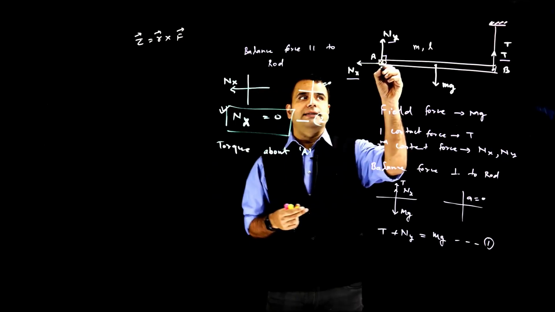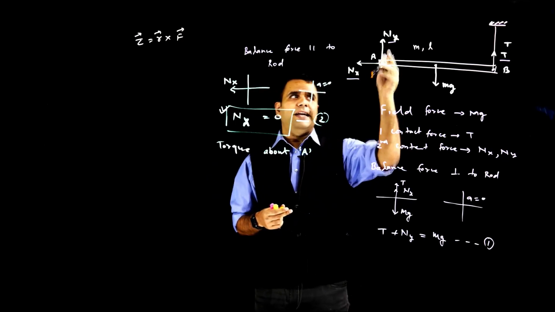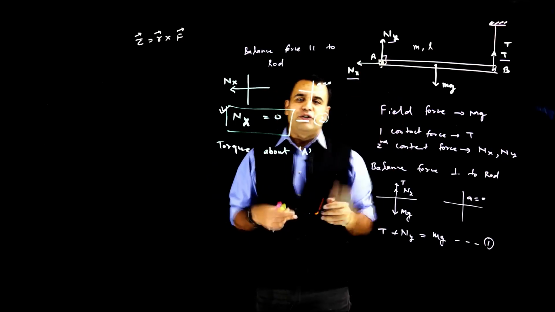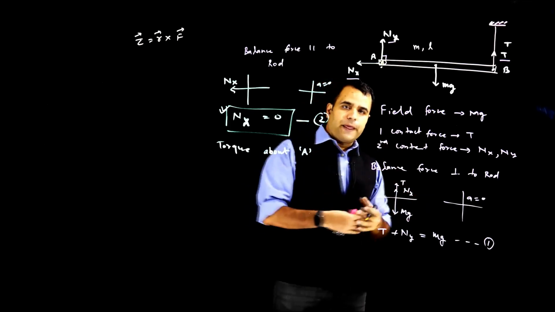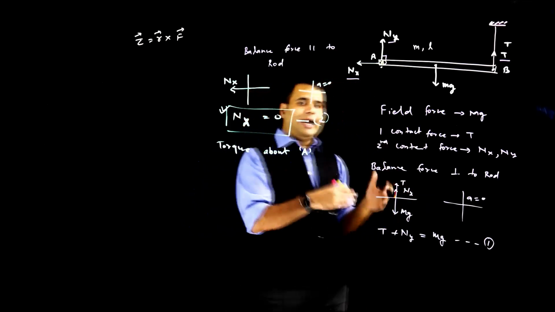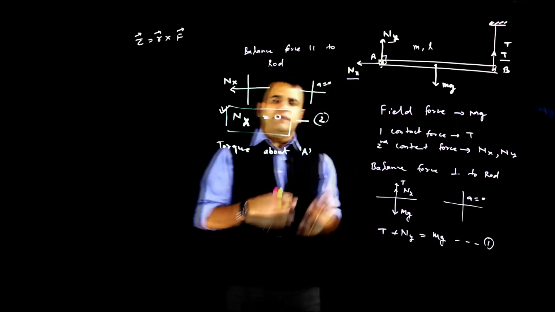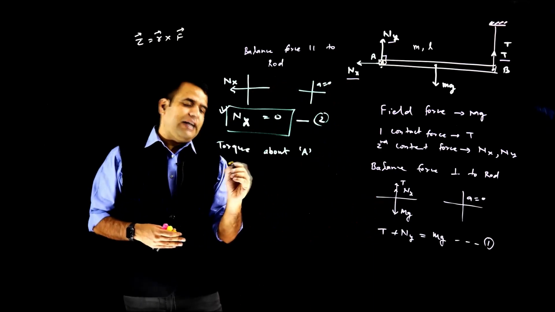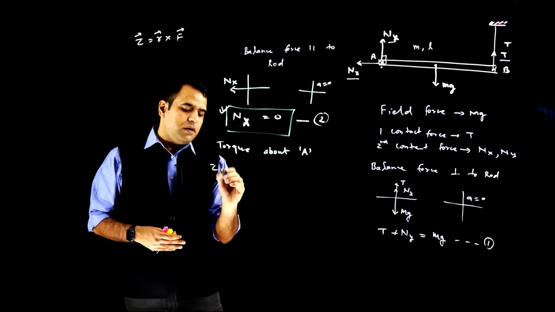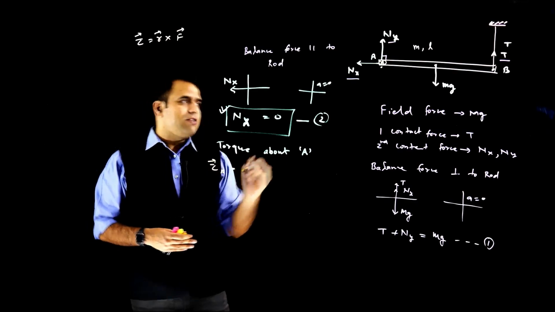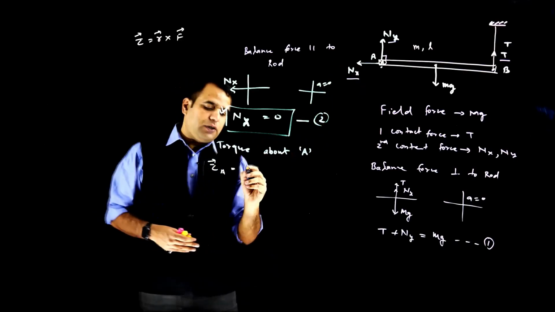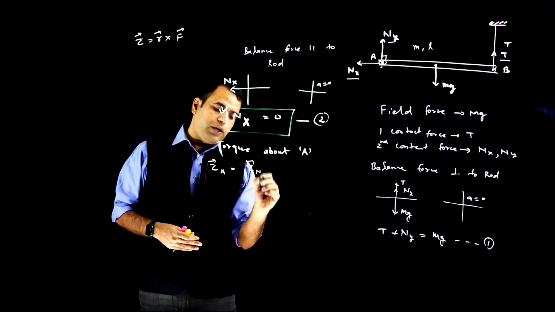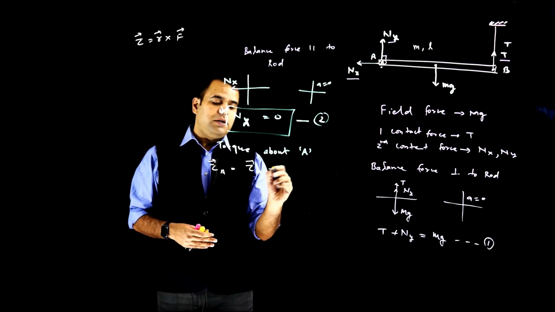So if this is my axis, and the application of Nx is also at this axis, whenever the force is applied onto the axis itself, the moment of that force is going to be 0. So torque about A will be equal to torque due to Nx, and torque due to Nx about A will be 0.